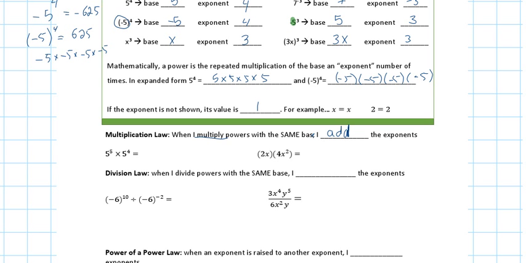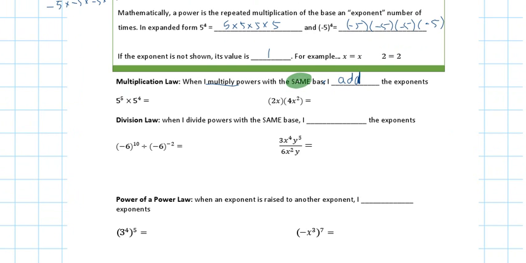When I multiply powers with the same base, you have to have the same base in order to be able to do this. If your bases are not the same, then you can't add your exponents. So I have 5 to the power of 5 times 5 to the power of 4. I have the same base here, so both bases are 5. All I have to do is add the exponents and keep the base the same. So that's going to be 5 to the power of 9.